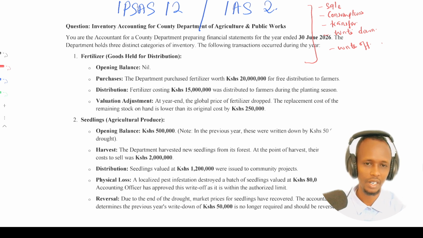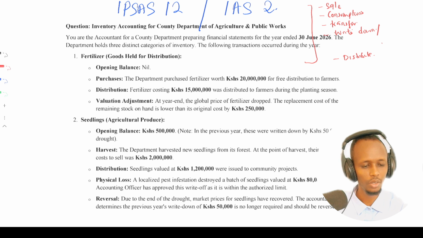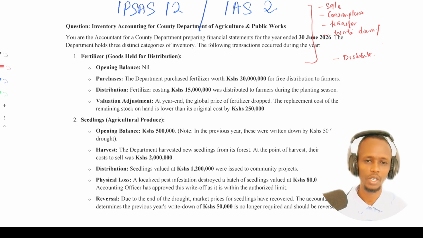Then you can distribute, which is also close to transfers. These two might form one, write off and write down. So adding is 4 ways, removing is 5 ways.